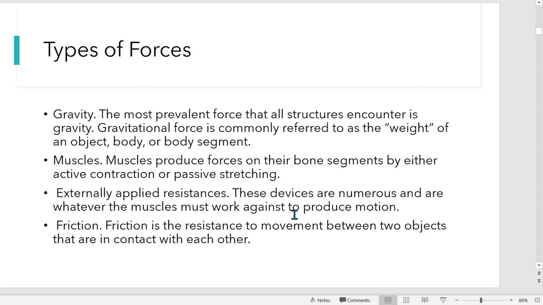It goes with the gravity, while the muscle contraction always goes against gravity. Let's take for example when you stand. So when you put your body in upright position, it encounters resistance against gravity.